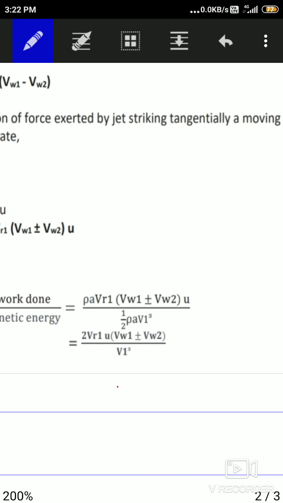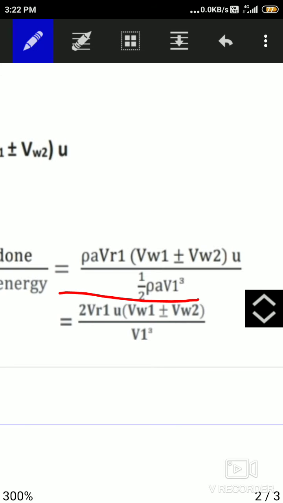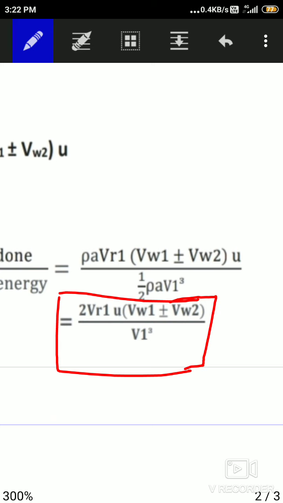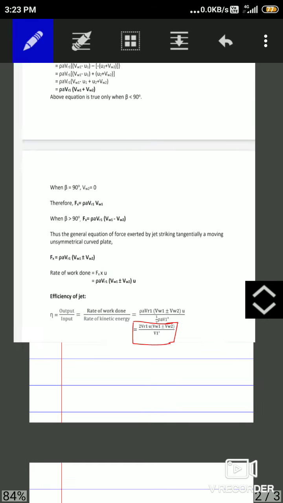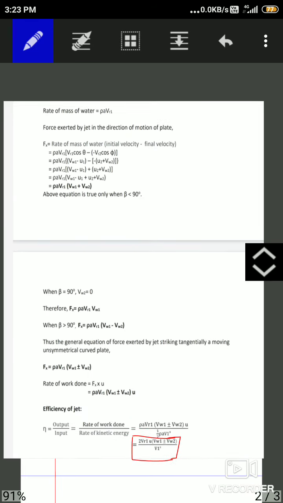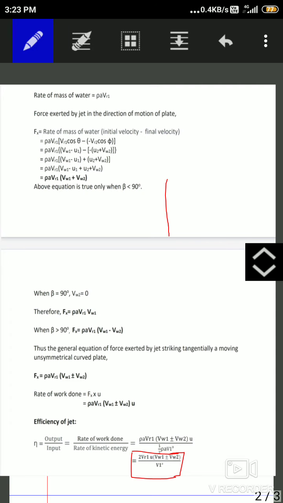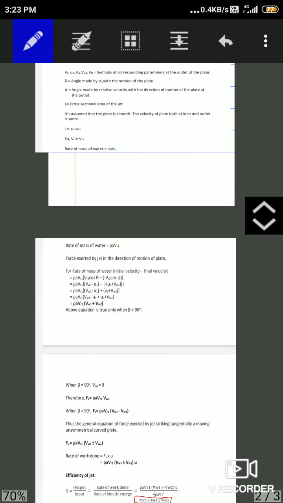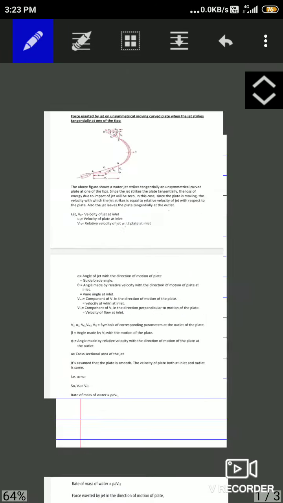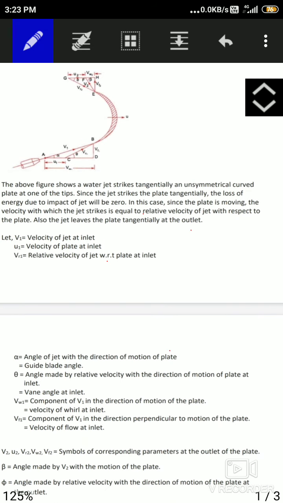After simplification, the final expression for efficiency is 2 VR1 into U whole into VW1 plus or minus VW2 divided by V1 cubed. This is about the impact of jet on a moving plate, and the plate is unsymmetrical. Thank you.